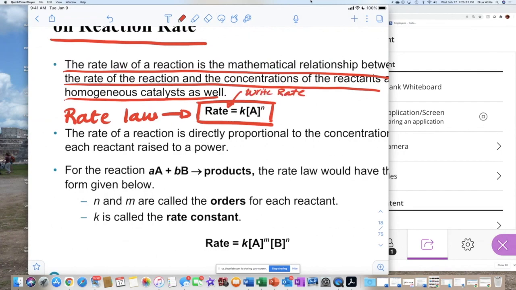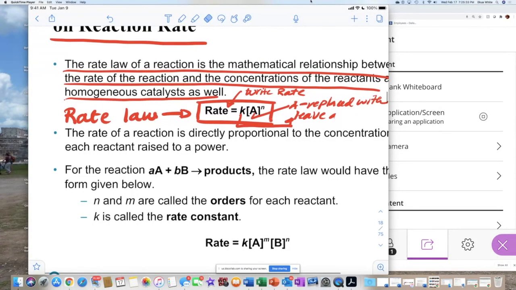Rate. Leave it as rate. And then when you're asked to provide the rate law, leave K as K. There's only two parts here that get replaced. A is replaced with the chemical formula, and N is replaced with a number.